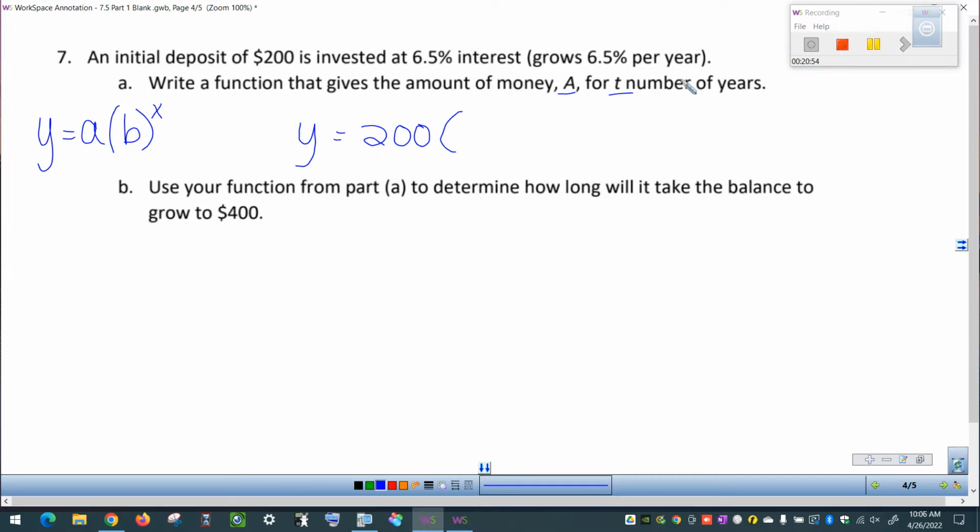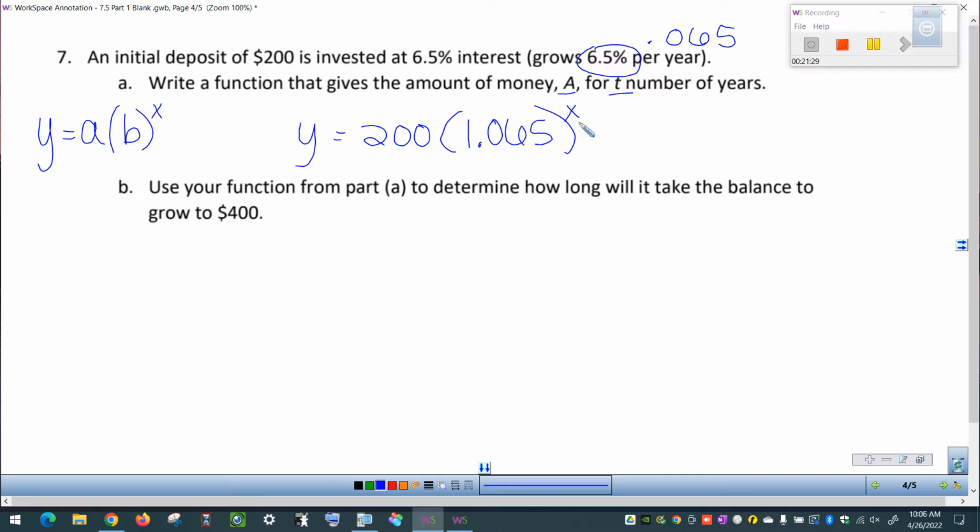So if we had a percent increase of 6.5%, to turn that back into our growth factor, we're going to turn this percent into a decimal. So it's going to become 0.065, but then we have to add 1 onto it. So 1.065 would be our growth factor if we continually multiply our dollar amount by that.